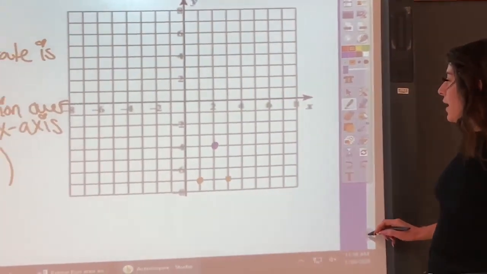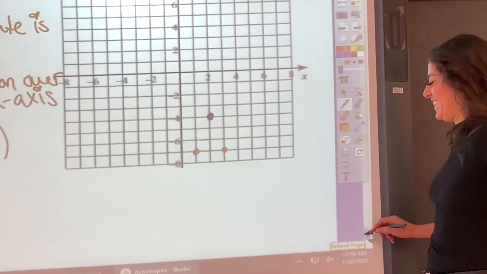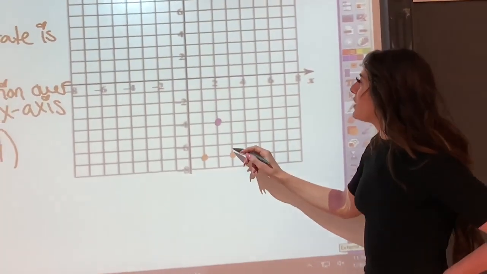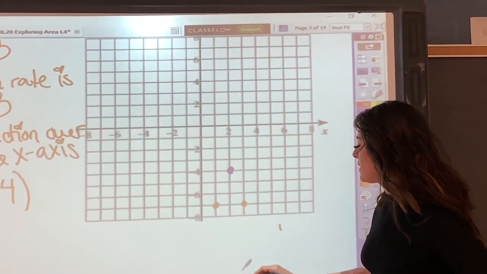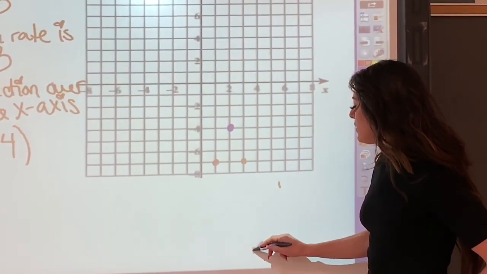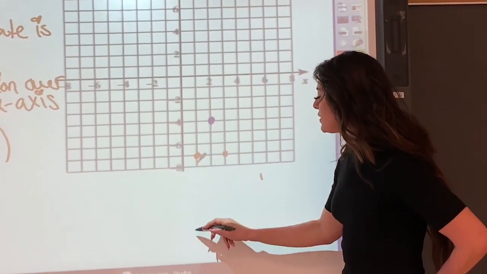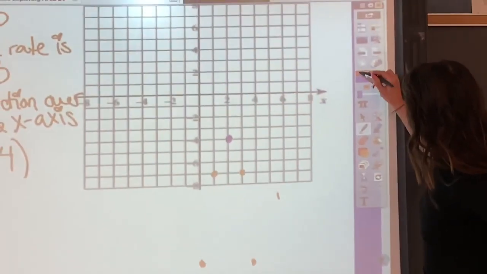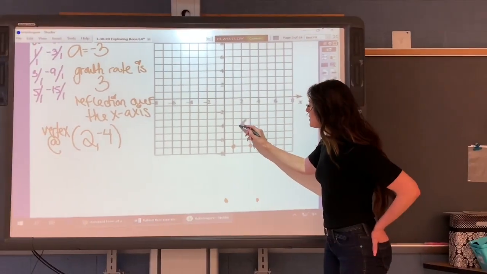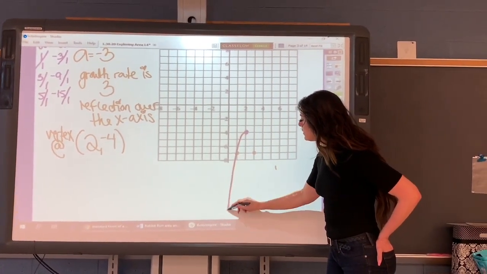I'm going off the grid. So I'm going to go down 9 which would be somewhere around here, and then over 1. This is more of an estimate. I don't recommend this. Don't try this at home. And then we can connect our parabola.